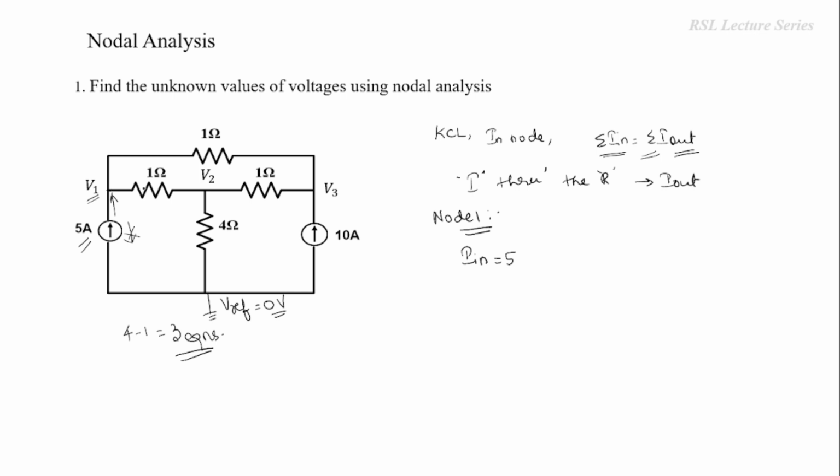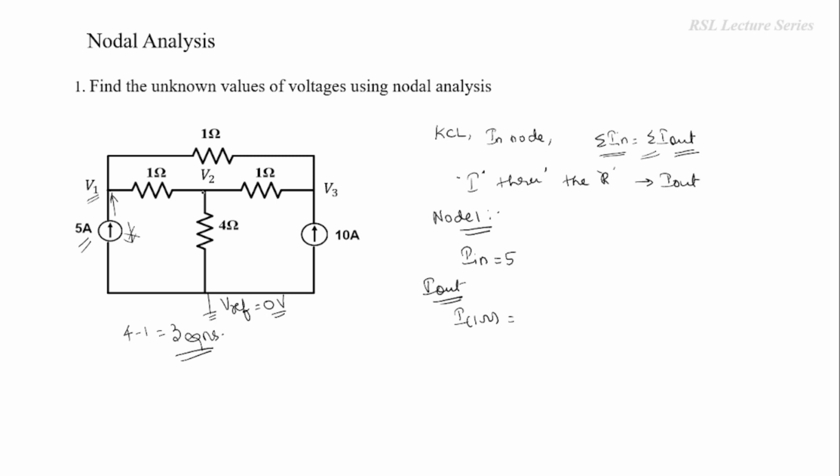Next, we have to write down the current flowing through this particular 1 ohm resistor. This is given by Ohm's law, I equals V by R. This 1 ohm resistor is connected between node 1 and node 2, so the total voltage across it is V1 minus V2 or V2 minus V1, the difference between these two voltages.